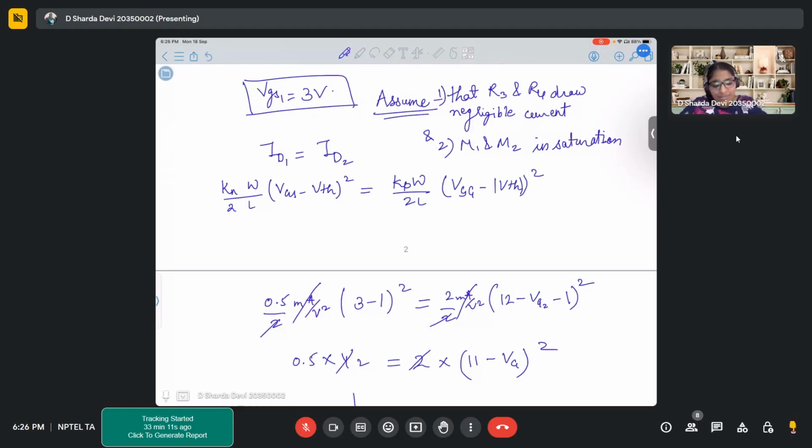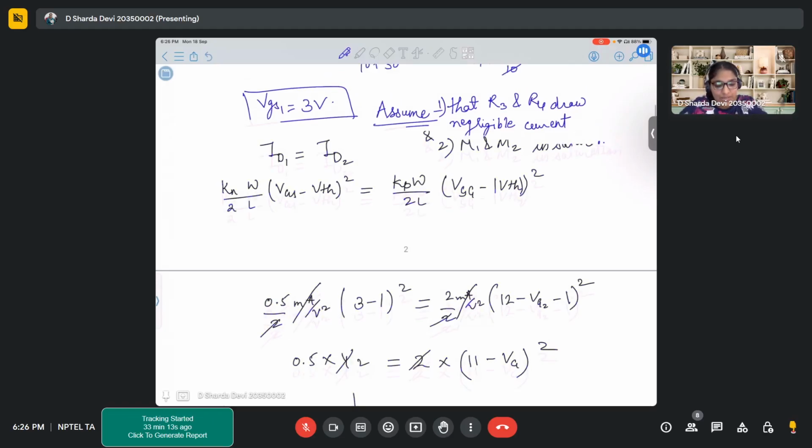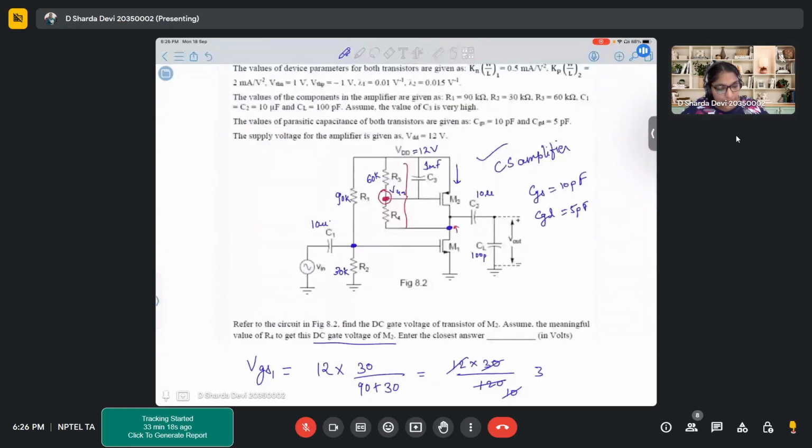So, why we didn't consider lambda is because at this node, the voltage that we need to find out, that is the VD node, is not clear. And how do we find the VD voltage? We generally find it through KVL.